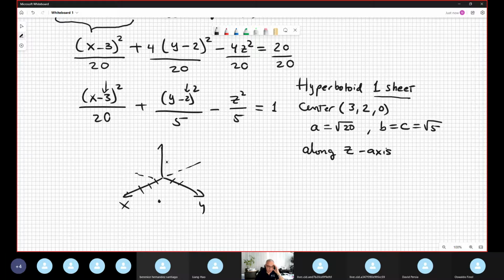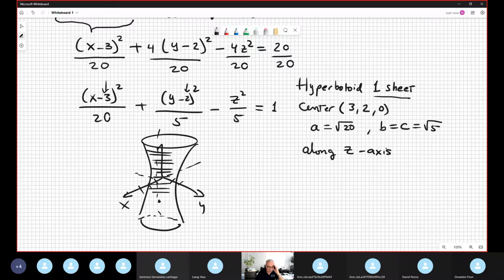And this center is on the axis. And the hyperboloid, you know, can look like that. This is the surface. But I sent you the link to open GeoGebra, and you can see it clearly and in detail.